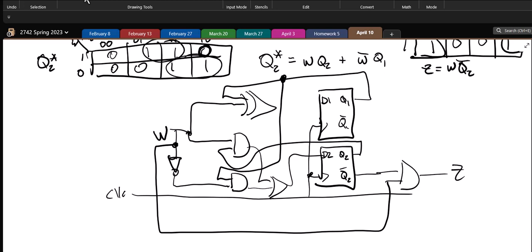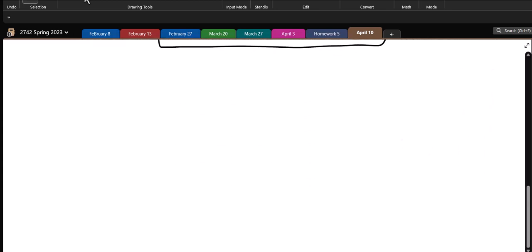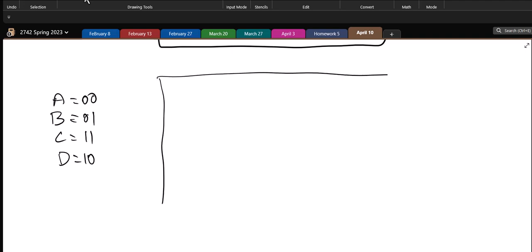Okay, so then the next part of the question said, well, what if we had different states? What if our states were instead, A was 0, 0, B was 0, 1, C was 1, 1, and D was 1, 0. So you do the state table again.